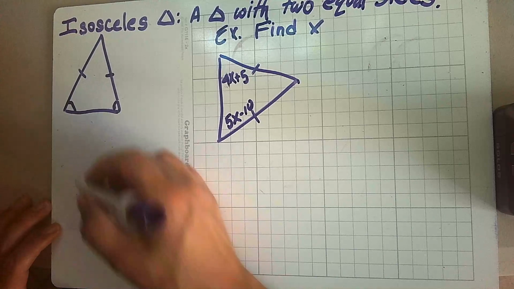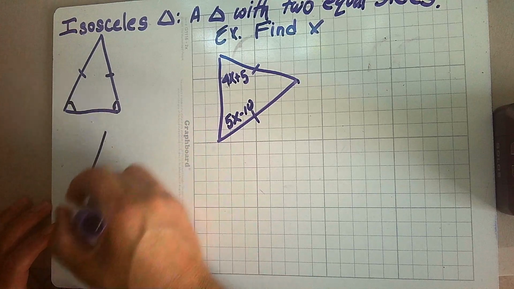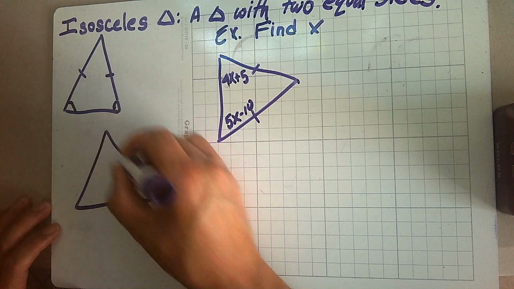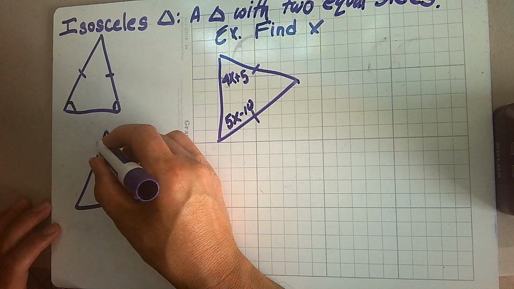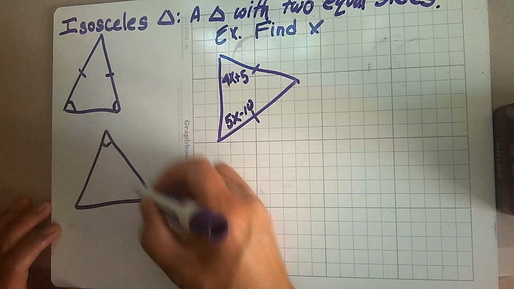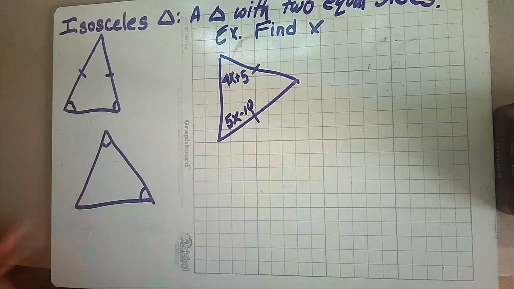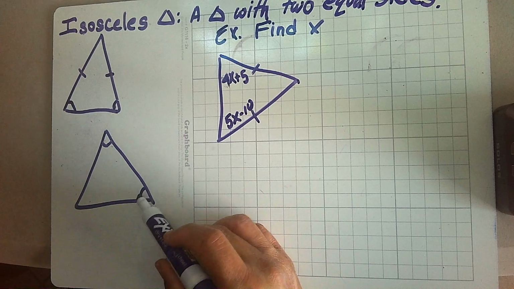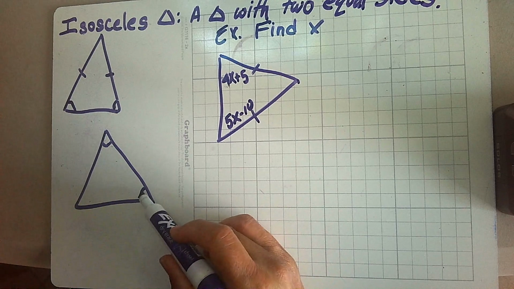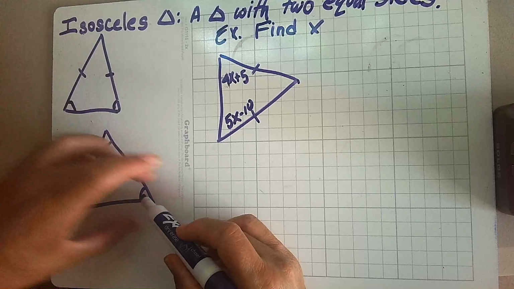Okay, sometimes in a problem, they will not give you the sides, they'll give you the angles. So they might say this angle is equal to that angle. In this case, the opposite sides will also be congruent, equal to each other. So for example, what side is opposite to this angle? These two are right next to it.